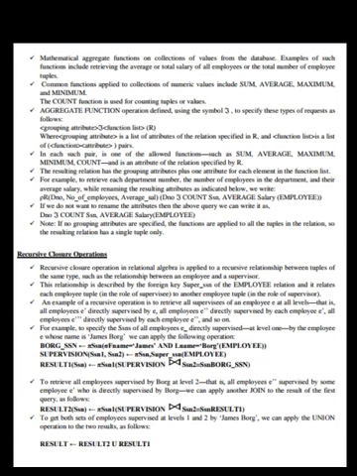For example, to retrieve each department number, the number of employees in the department and their average salary, while renaming the resulting attributes as indicated below, we write, see here. If we do not want to rename the attributes, then the above query we can write as follows. Note, if no grouping attributes are specified, the functions are applied to all the tuples in the relation, so the resulting relation has a single tuple only.